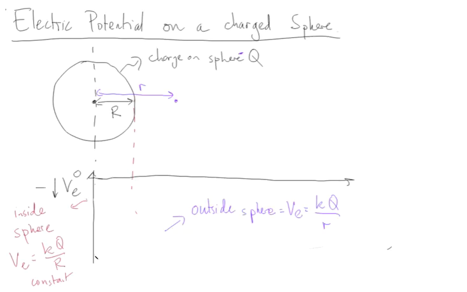We'd end up with a potential curve which would look like this. It would be in the negative values down here, and it would increase like this. So inside the sphere, for a negatively charged sphere, the electric potential would be constant and minus K big Q over R, whereas outside the sphere it would be negative K Q over little r.